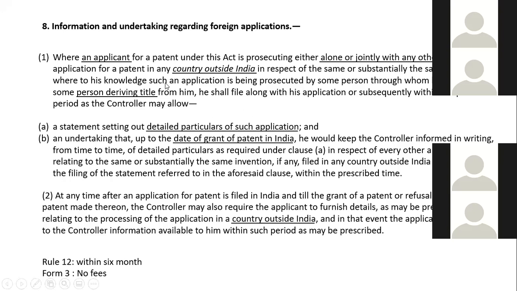When so required by the controller under subsection 2 of section 8, that is 8.2, shall be furnished information relating to objection, if any, in respect of the novelty and patentability of the invention and any other particulars as the controller may require, which may include claims of application allowed within 6 months from the date of such communication by the controller.